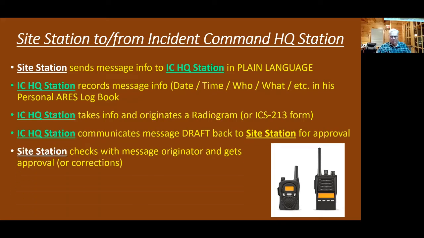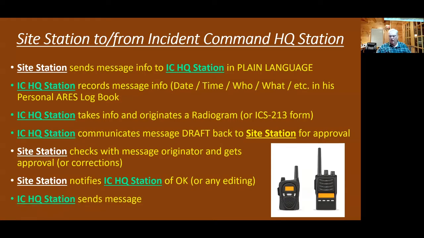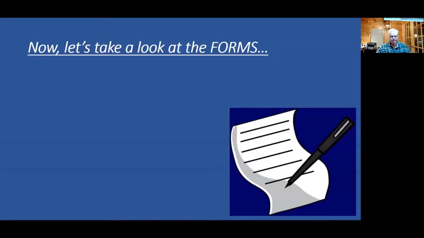Or Sergeant Bilko verifies the message is correct, notifies the headquarters station, and the headquarters station sends it out. So that's the back and forth communications you would have. And it allows everybody a chance to log the information in their personal logbook, verify that it's correct.